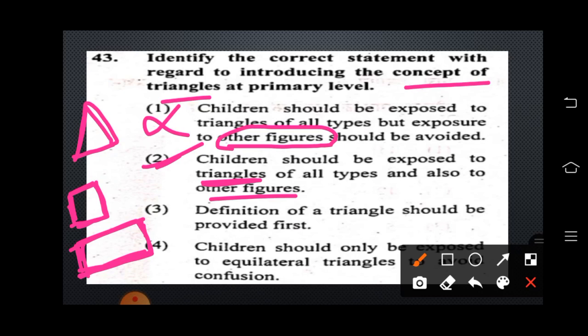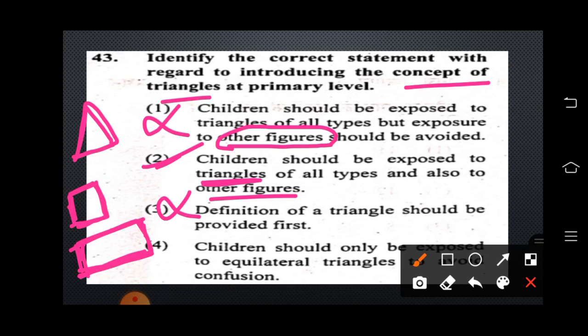And option 3, definition of a triangle should be provided first. Definition is an abstract concept, and when you are teaching children any concept, you have to follow the inductive method. That is, first we have to teach the examples, and through the examples we go to the formula or the definitions. So option 3 is the wrong one.